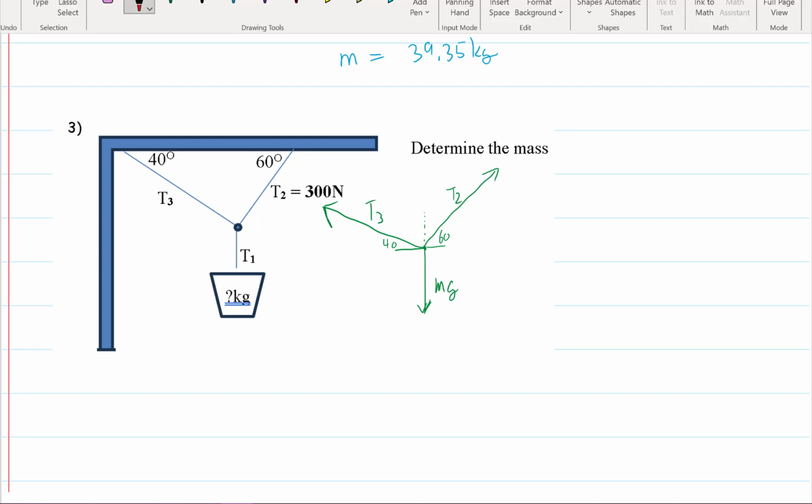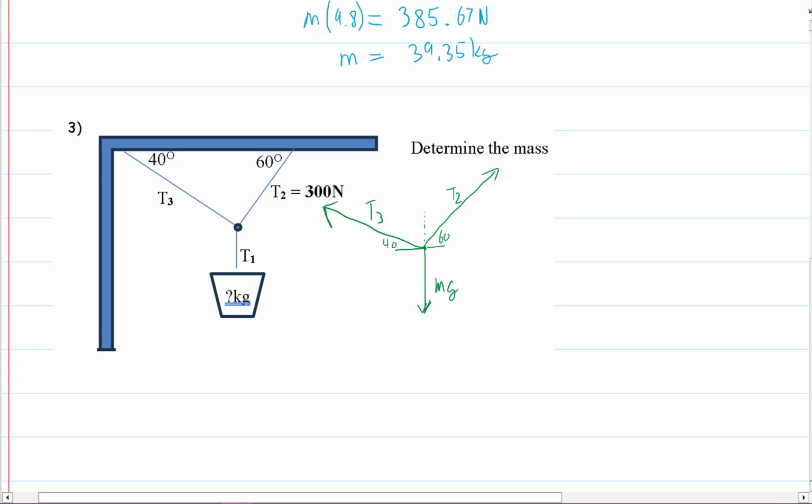Let's now drag these apart and try to figure it out. Let's go back into the drawing mode. Let's draw the mg first, and then T3, and that's 40 degrees. So that makes that 50 degrees because it has to be a right angle.